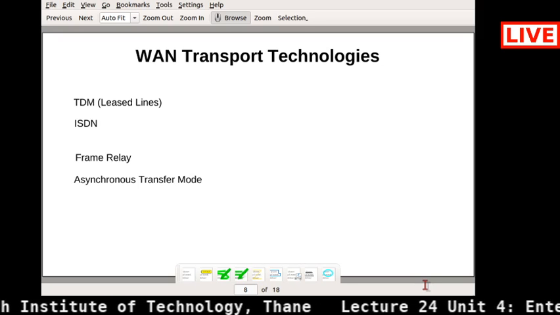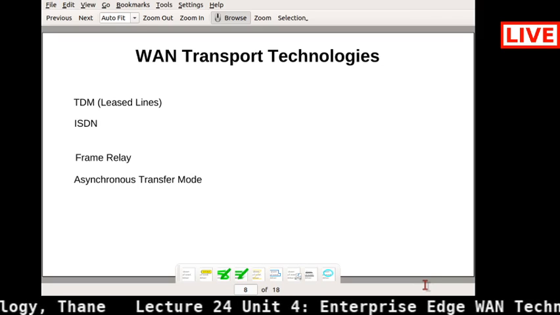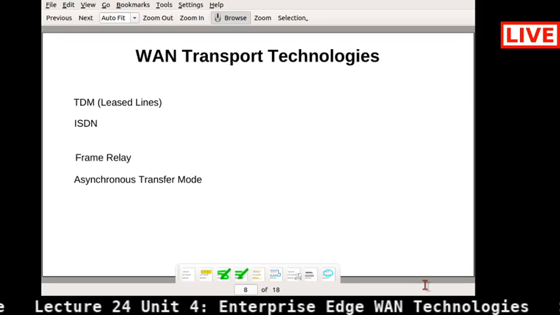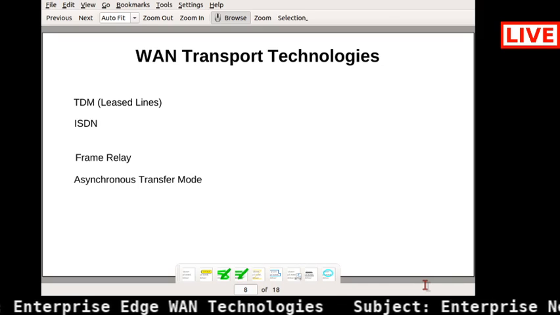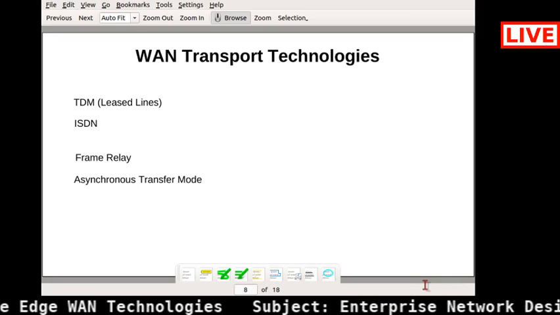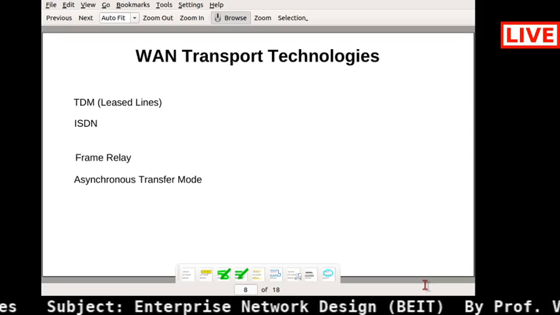The base channel bandwidth is 64 kbps, which is also known as a digital signal level. This 64 kbps is the bandwidth required for an uncompressed digitized phone connection.